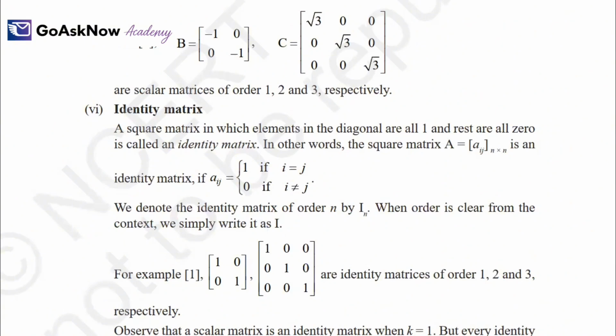When the order is clear from the context, we simply write it as I. For example, [1], [1 0; 0 1], and the 3 by 3 matrix with ones on the diagonal and zeros elsewhere are all identity matrices. This is the 1 cross 1 identity matrix, this is the 2 cross 2 identity matrix, and this is the 3 cross 3 identity matrix. You should remember these also.